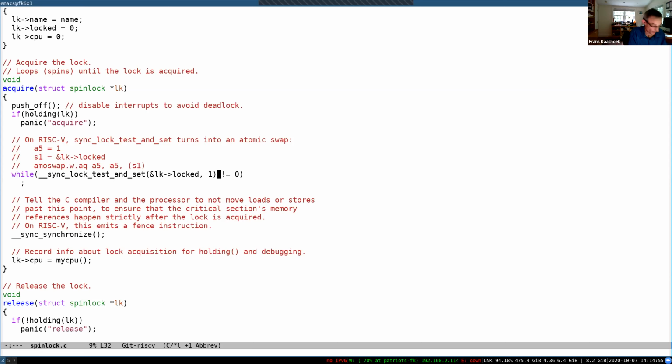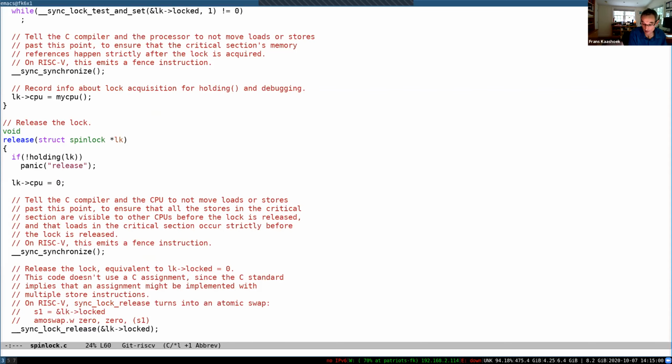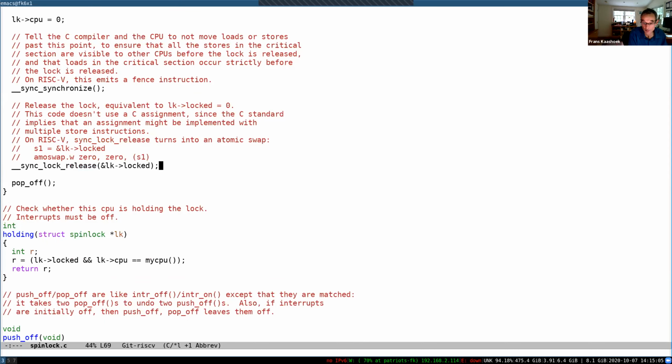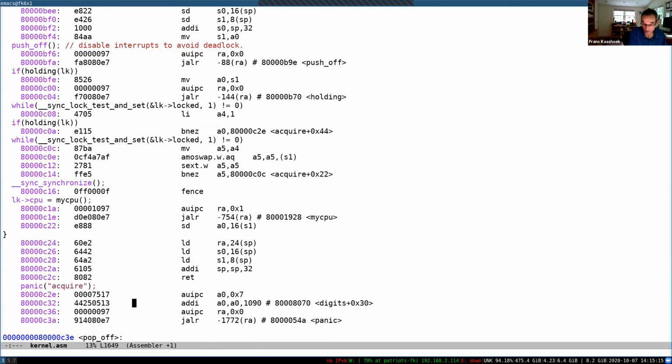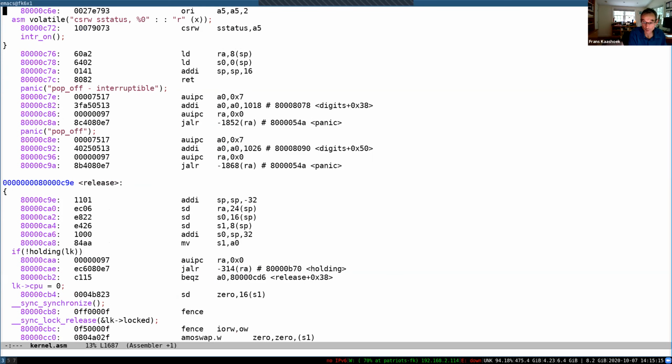So now let's look at the corresponding release operation. Here's the release operation, and if you look at the kernel ASM again, release is probably right after it.